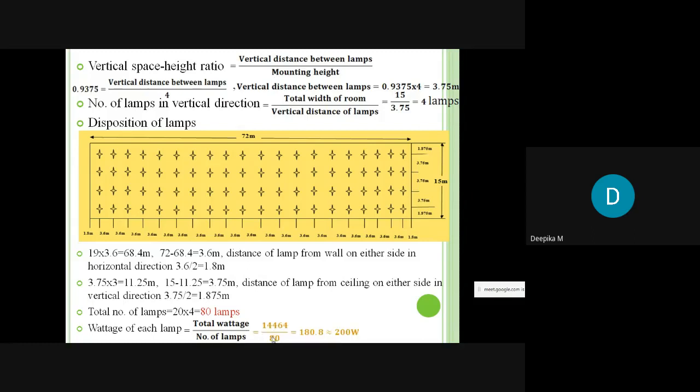So 14,464 divided by 80 gives the answer 180.8. But a 180 watt bulb is not available. If you take a nearby wattage, it is 200 watt. So usually a 180 watt lamp is not available, so you can use 200 watt.